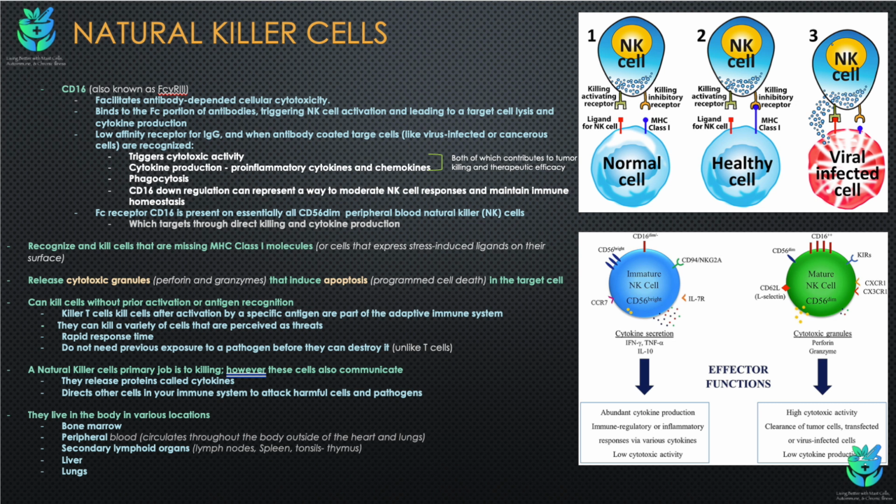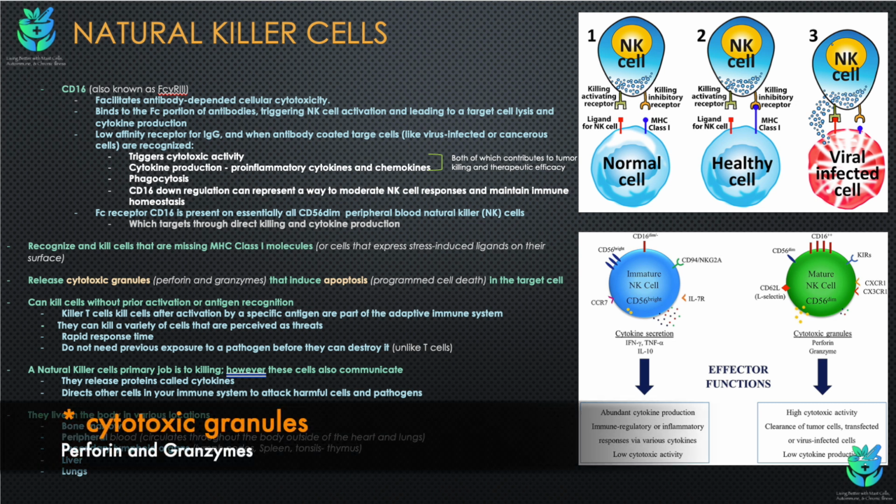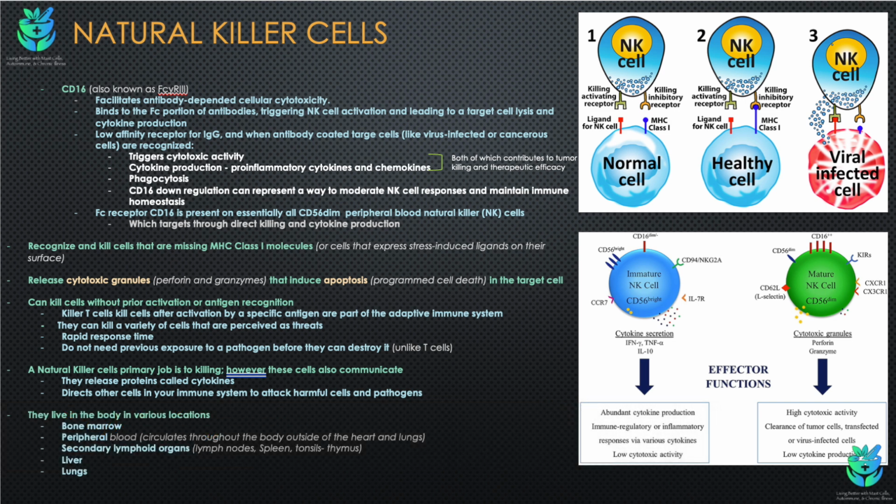The natural killer cell binds to the protein that the infected cell is giving off. And then what happens is the natural killer cell sends all of its cytokines into the virally infected cell to destroy it.